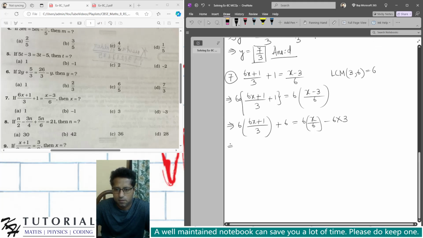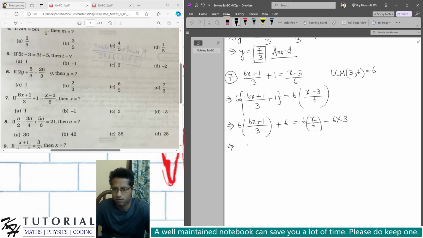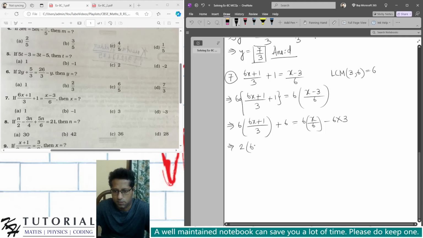This implies further simplifying the products on the LHS, if you do the product of 6 and 6x plus 1 by 3, cancelling 6 with 3 it becomes 2 into 6x plus 1, plus 6 is equal to x minus 18.